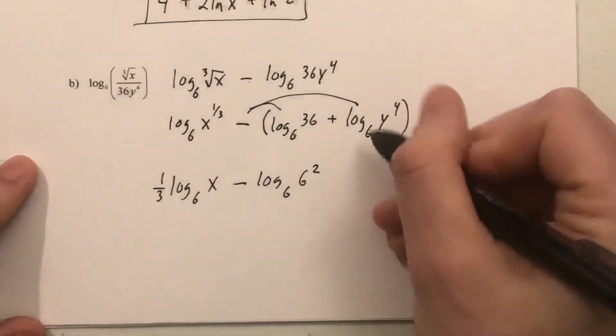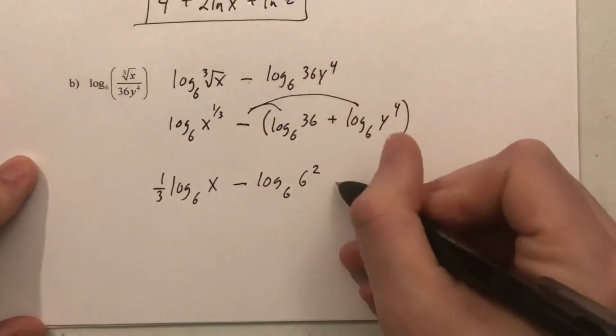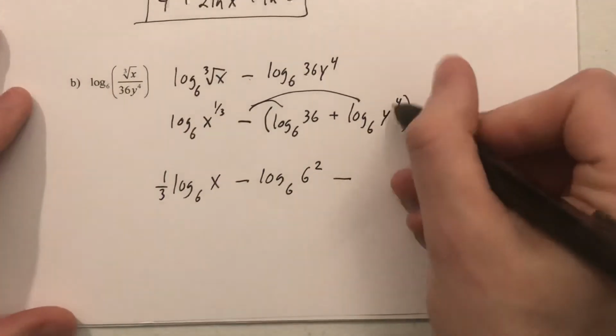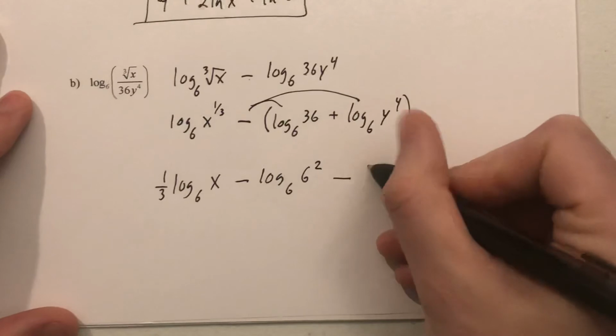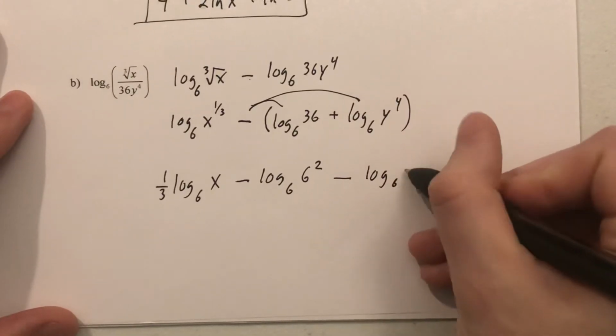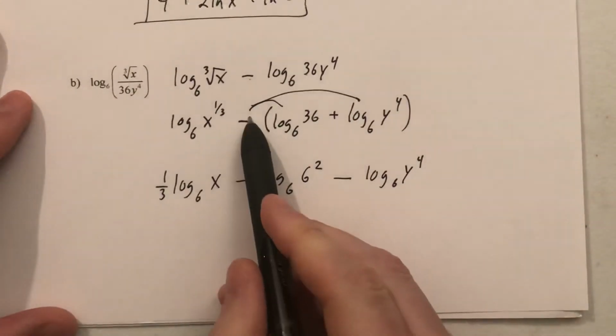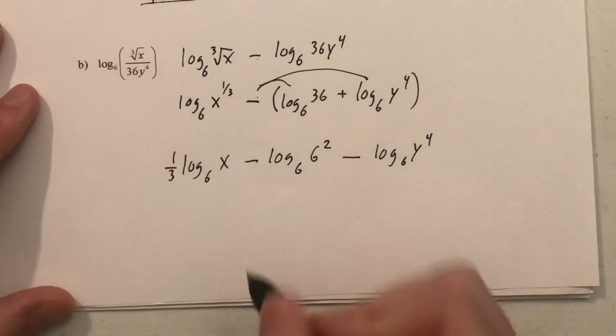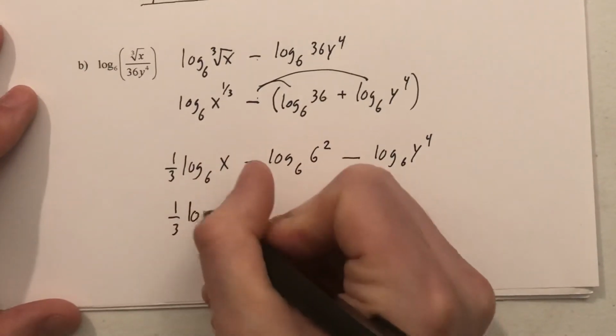We'll come back to that. Over here, I'm distributing the minus sign, and you could do this all in one step if you wanted to, but I'll wait, because we do have a power rule up there. So let me just focus on distributing the minus sign and rewriting that 36 as a power of 6, because now I can come through.